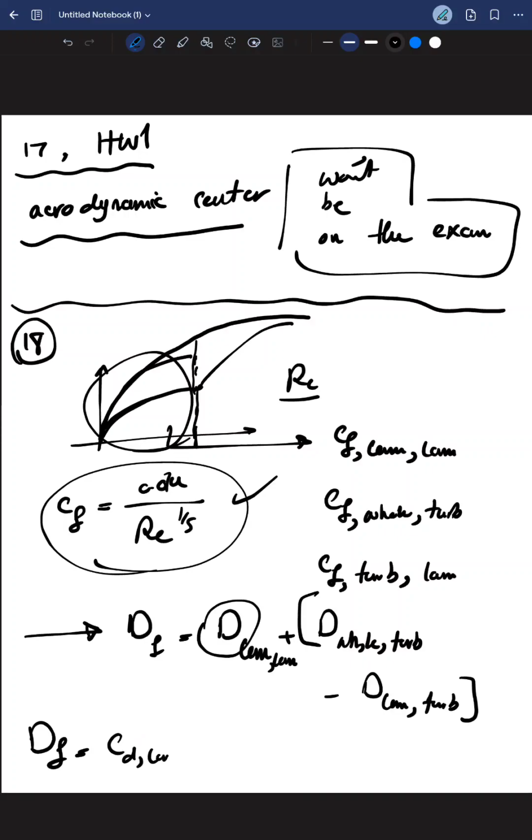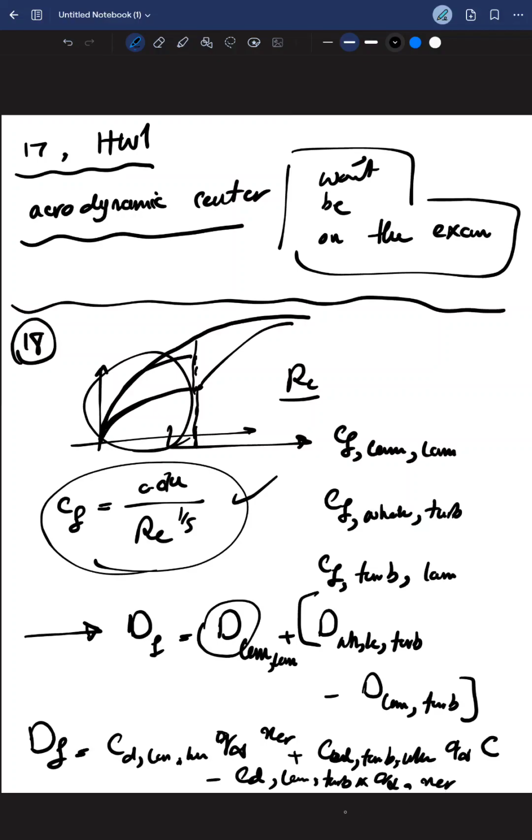So CD laminar multiplied by q infinity multiplied by S, where S here is X critical multiplied by the depth, which we assumed is 1, plus CD turbulent for the whole plate multiplied by q infinity, the chord length or the whole length of the plate, minus CD for the laminar region calculated by the turbulent methodology, multiplied by q infinity X critical. Okay, so we have to calculate X critical. And how do we calculate X critical?